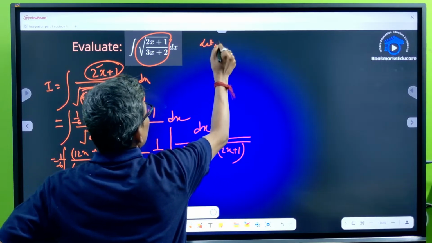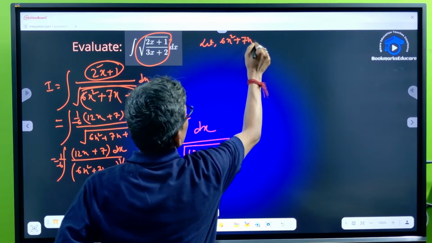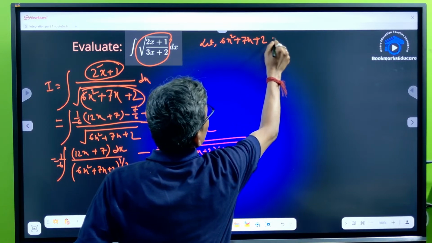Let 6x square plus 7x plus 2 is equal to z.